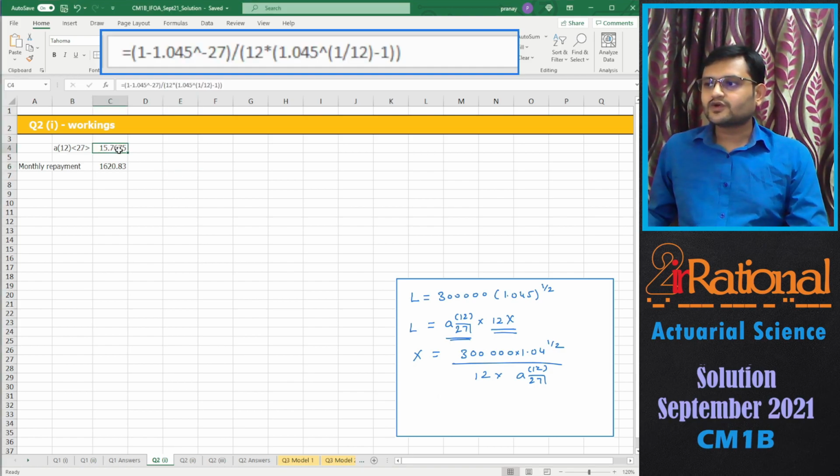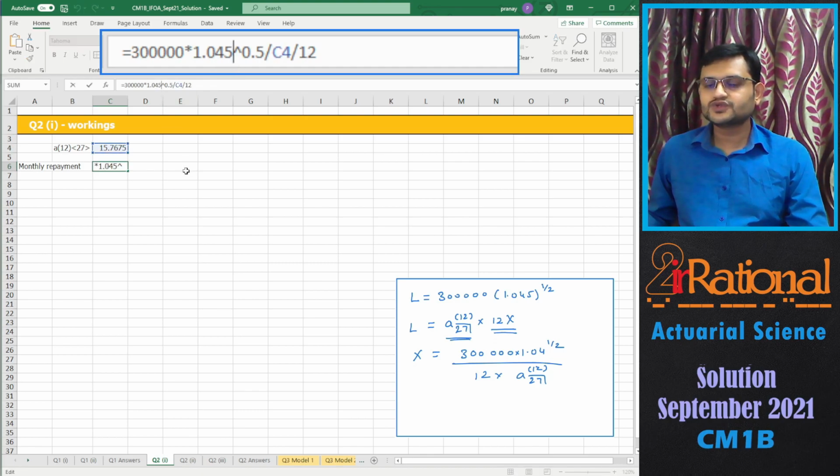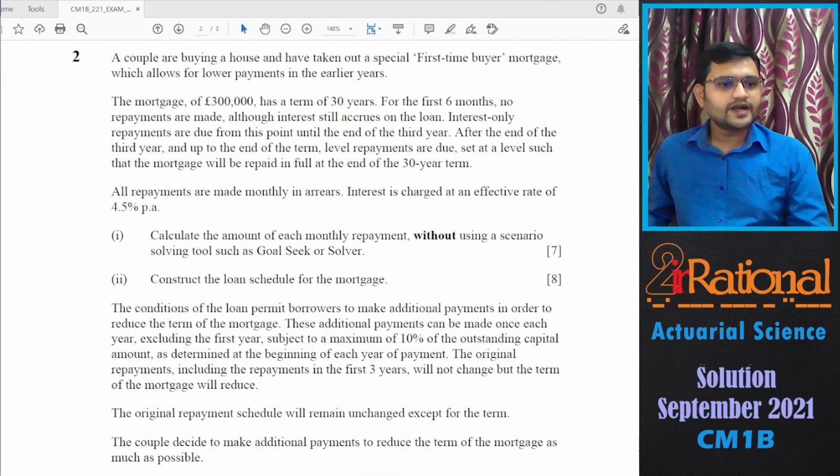So I have just calculated a angle 27 payable 12 times using our traditional formula, and then here again I have just used this formula. So the monthly repayment that we get is 1620.83.